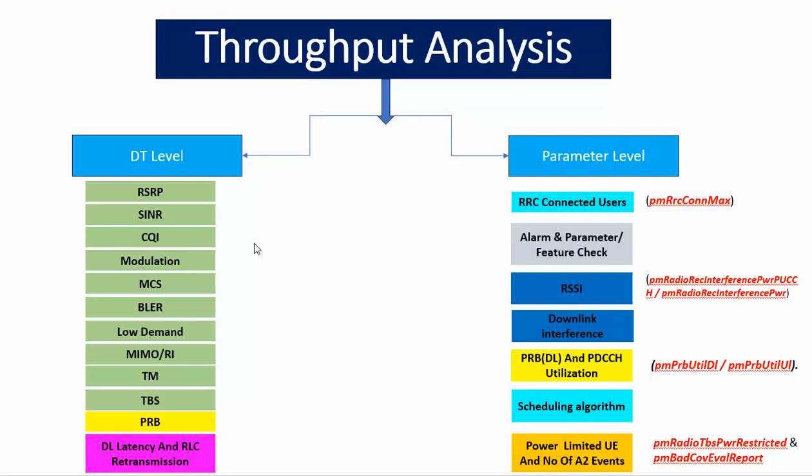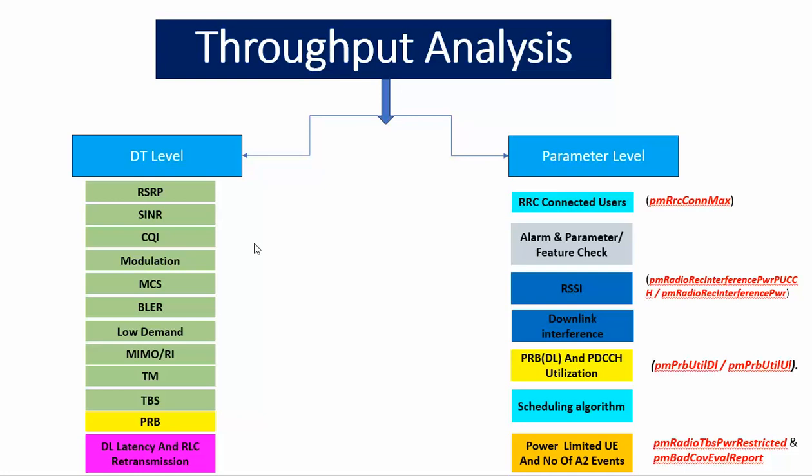Modulation is sometimes low due to poor SINR and CQI. But if SINR and CQI are good and you are getting low modulation, we need to report to our team, and the coding team will check what the issue is in the parameter and also at the physical level.